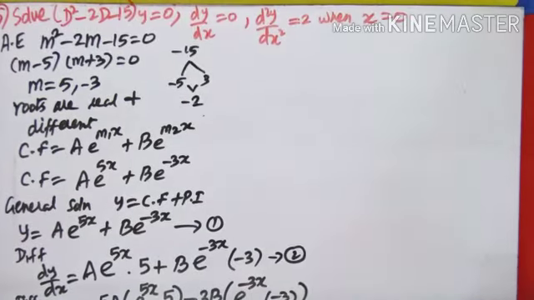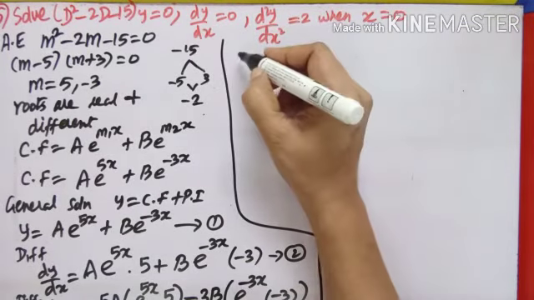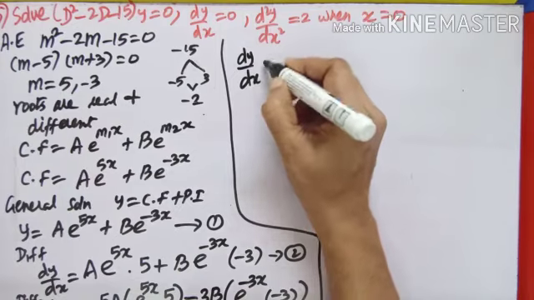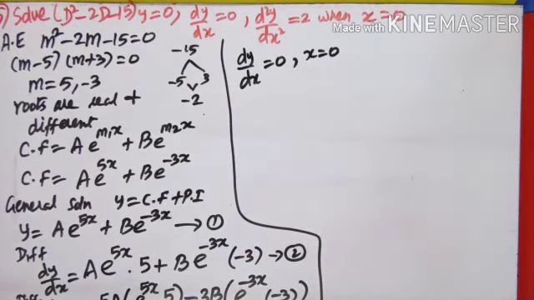Now, let us substitute the conditions. What are the conditions given? dy/dx equal to 0 when x is equal to 0.